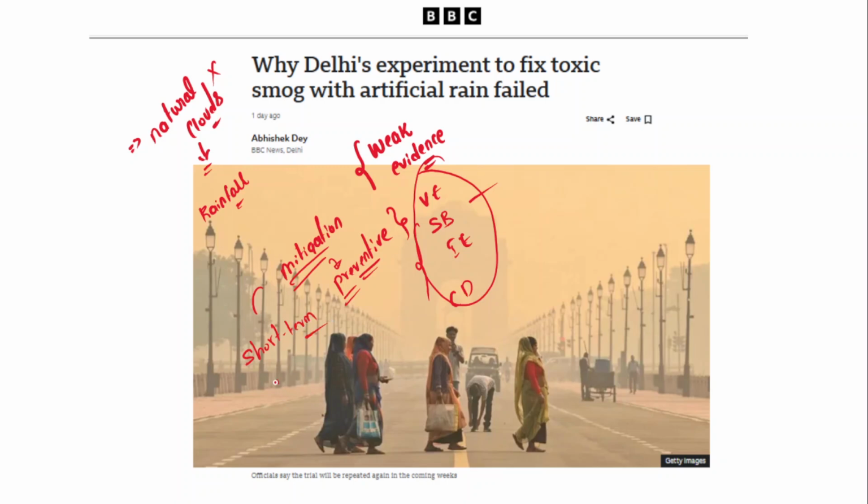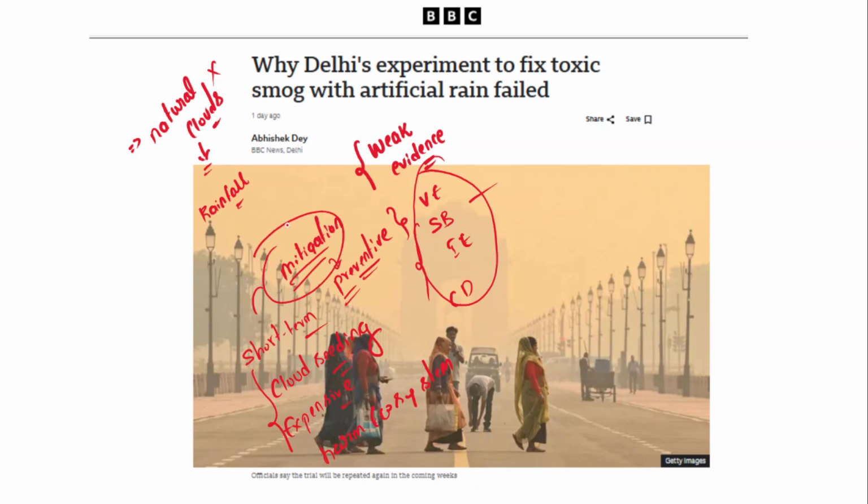In fact, there is no strong evidence that cloud seeding would result in triggering artificial rainfall. Apart from that, cloud seeding is also an expensive process, and it may harm the ecosystem as well. So there are a lot of negative effects of cloud seeding.